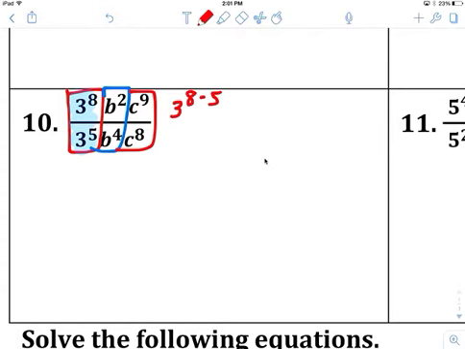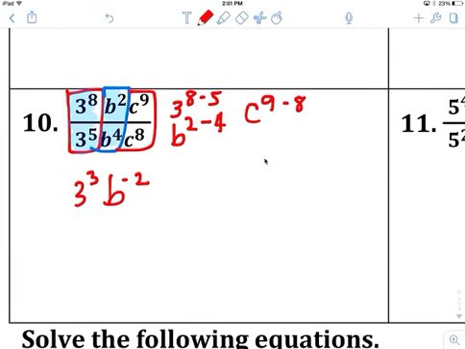Over 3 to the 5th, you cross out 5 times. You get 3 to the 3rd. B to the 2nd minus, that's this next one here, minus the 4. You get b to the negative 2. The last one is c to the 9th minus 8. You get c to the 1st.